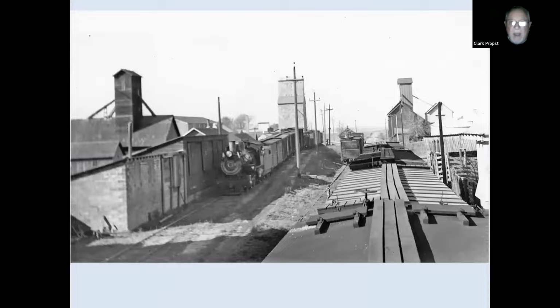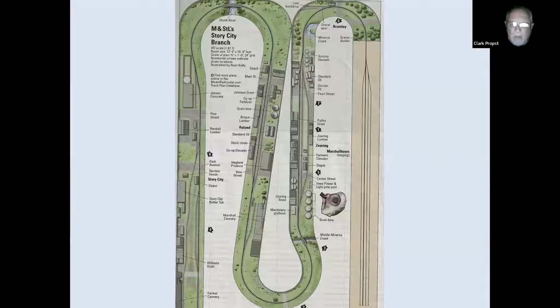This is the layout that I built. The branch line would have come out of Marshalltown, Iowa, which is the staging. It goes through several little burgs, finally gets to Ziering, which is a worthwhile station to model. Then to Roland. I skipped McCallsburg for obvious reasons that I'm not going to talk about, and ended at Story City.